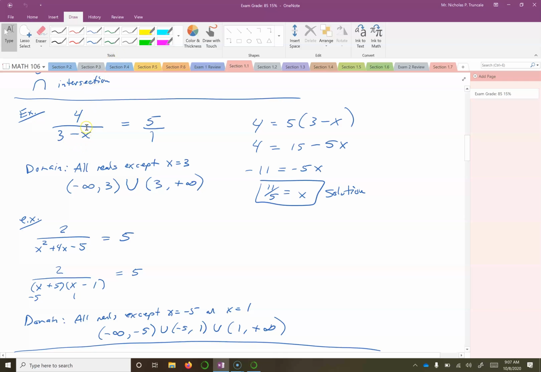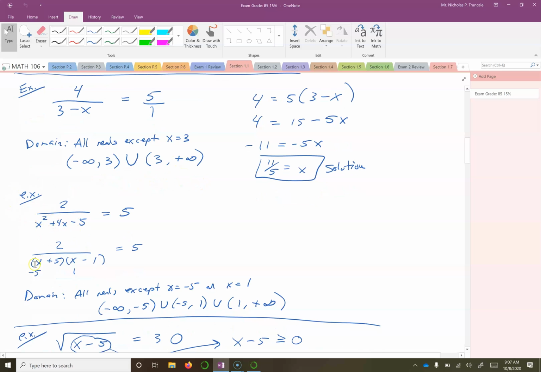So the only two things you have to worry about are if you have a fraction, is it possible that the denominator could be 0? So like in this one, 3 minus x, clearly if x was 3, you would be undefined. So that's why we have all reals except x equals 3. And then in this example, we just had two different values that we had to deal with in the denominator.